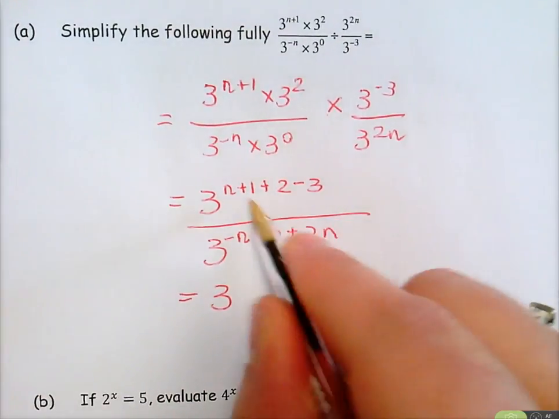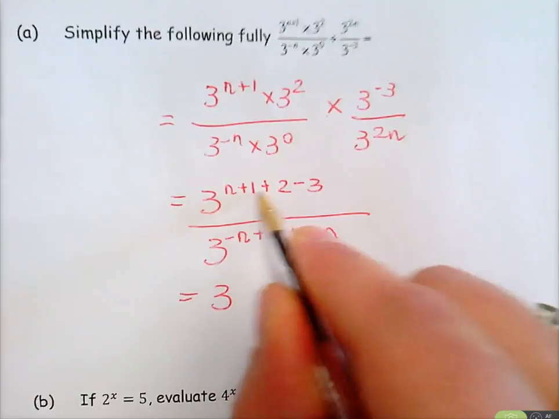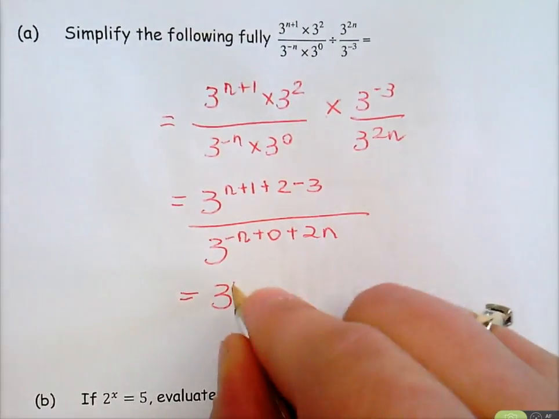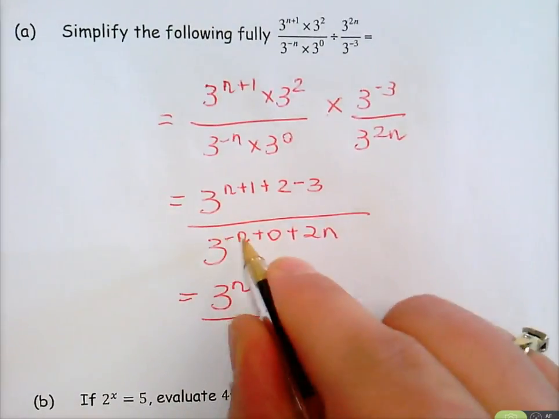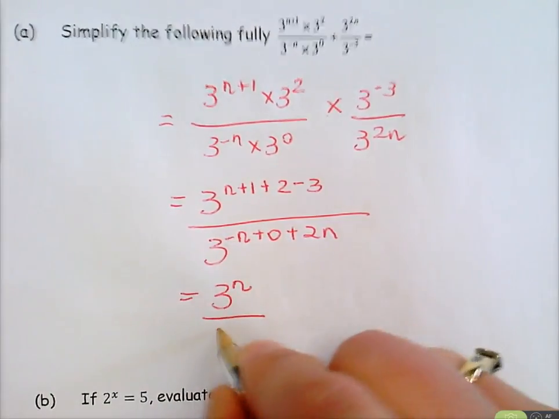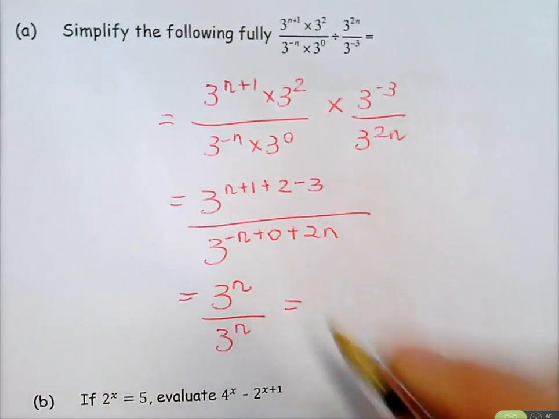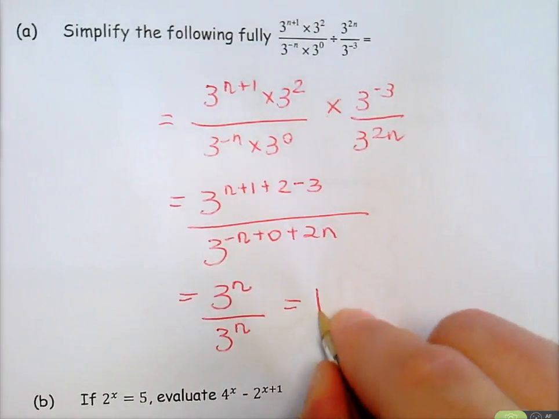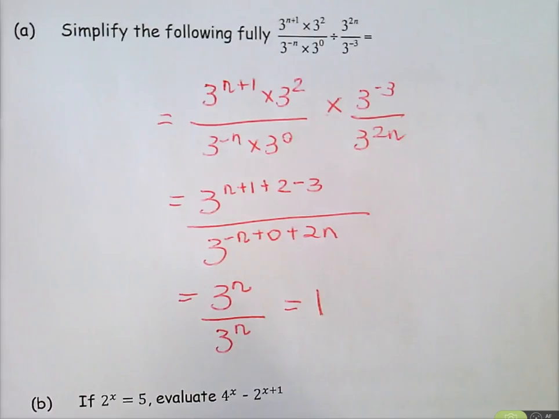So, adding and subtracting, n plus 1 plus 2 is n plus 3 minus 3 is just 3 to the power of n over negative n plus 0 is negative n plus 2n, minus n plus 2n is 1n. So it becomes 3 to the power of n over 3 to the power of n, which is just 1.